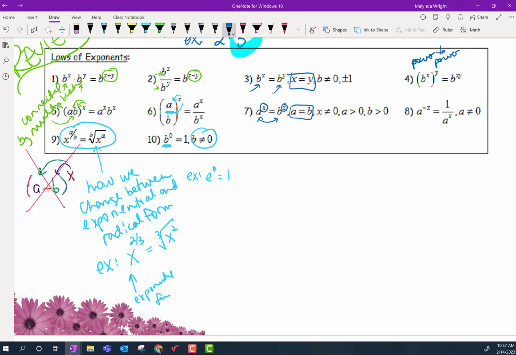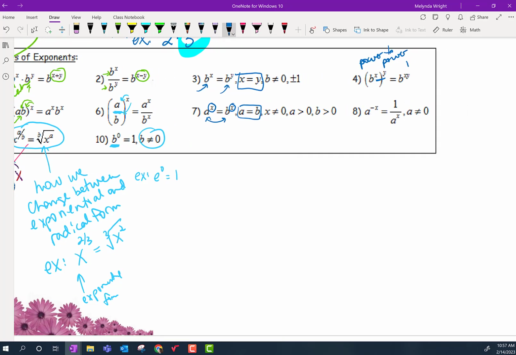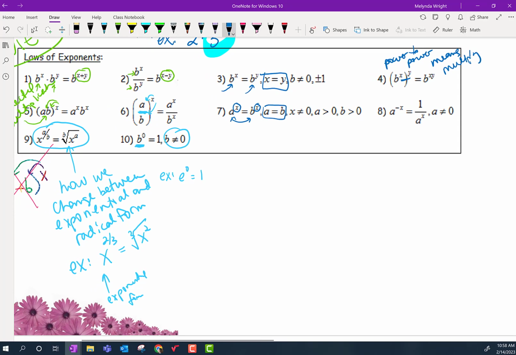Power to power is where we multiply. Power to power means multiply our exponents. Okay, so power to power is multiply.